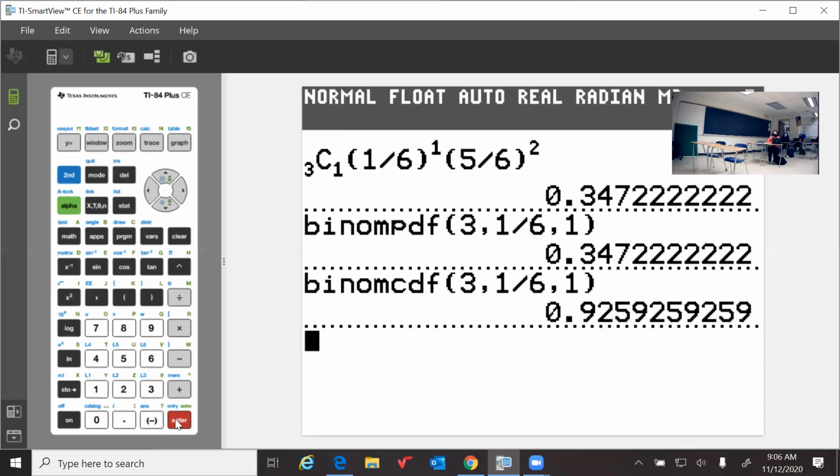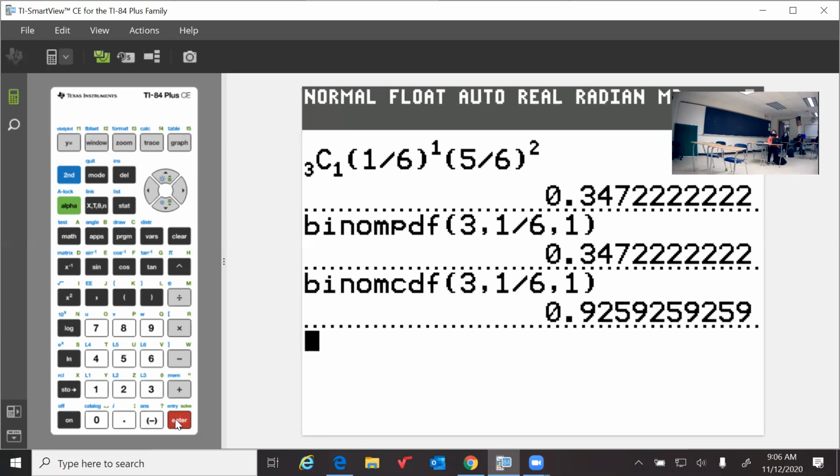What do you think this is telling you? It's cumulative. So it's taking this and adding 0 successes. It's cumulative: 0 successes or 1 success.